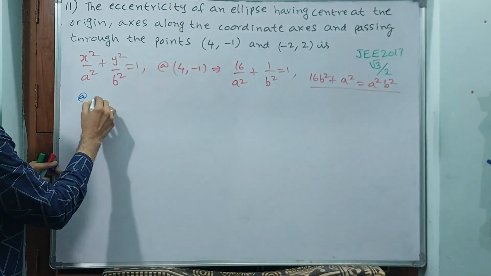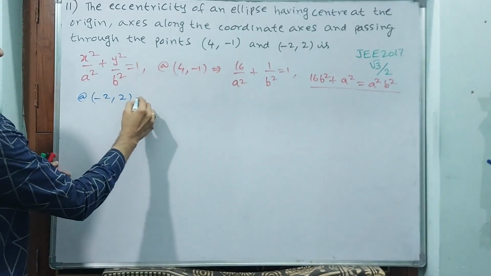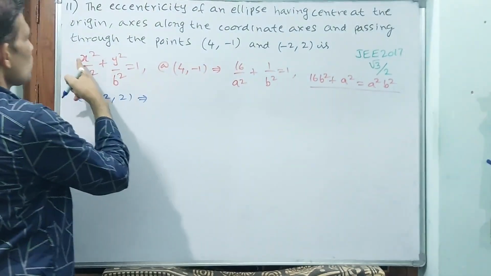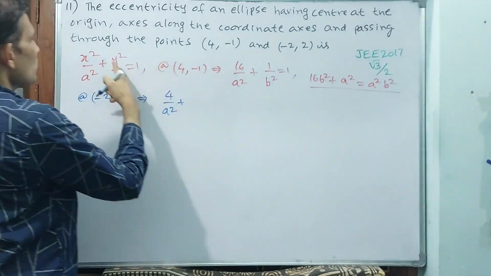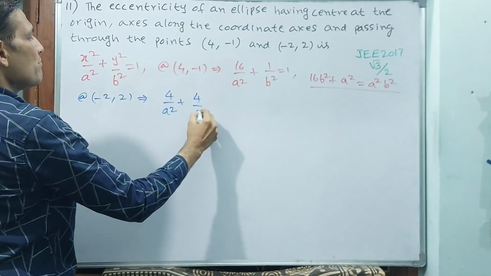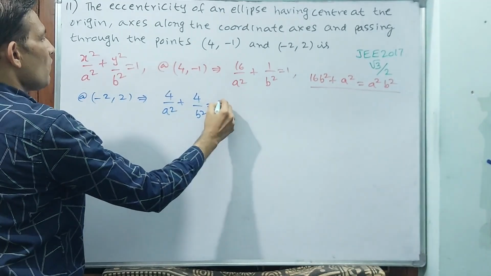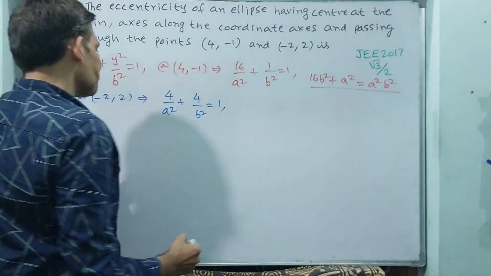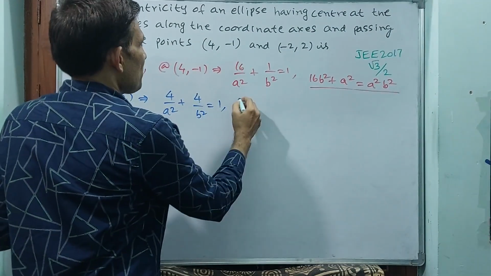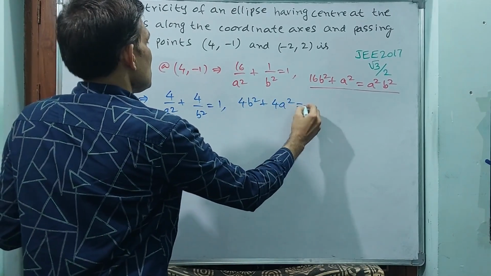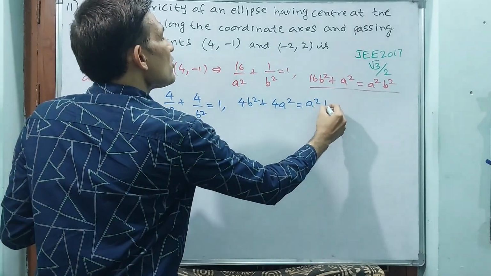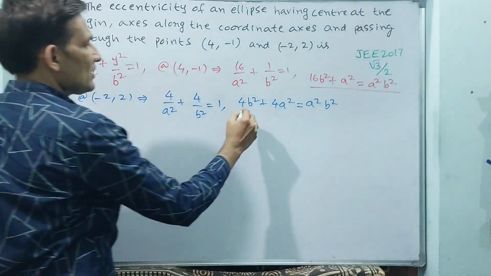At (-2, 2): (-2) square is 4 by a square plus 2 square again 4 by b square is equal to 1, or else 4b square plus 4a square is equal to a square into b square. Okay, this is also one equation.